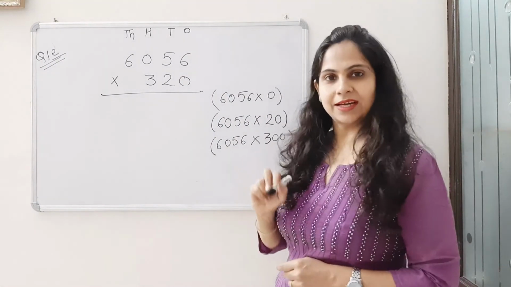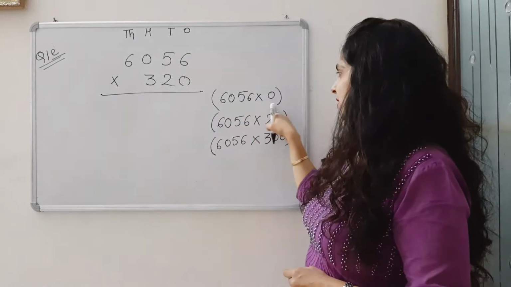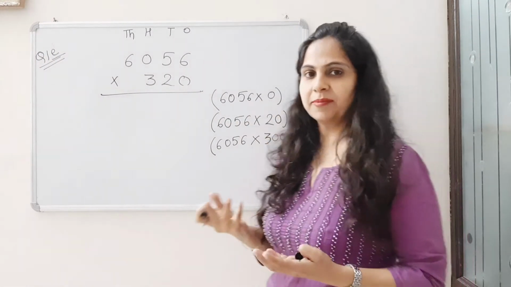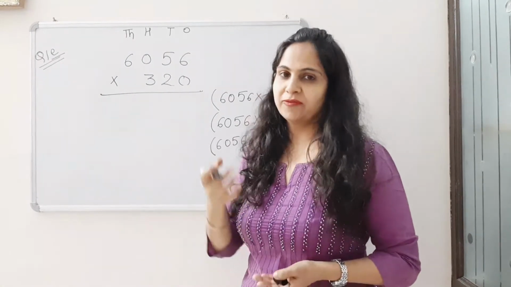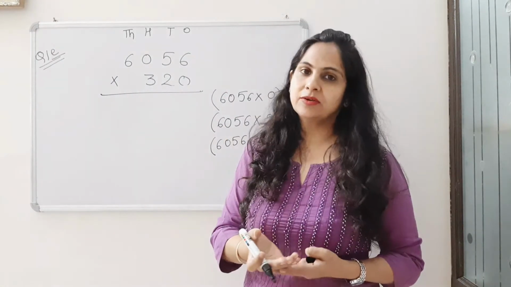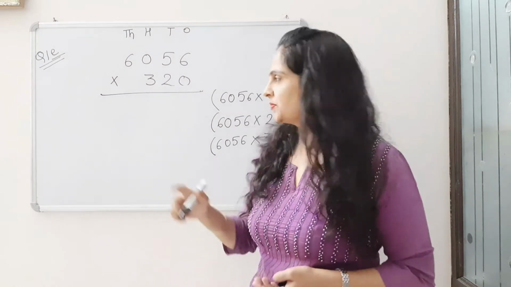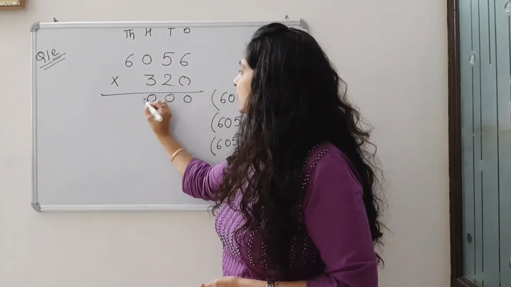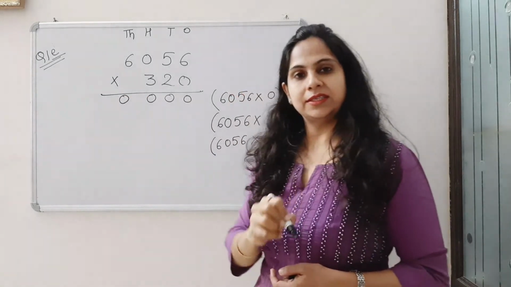Fine. Now let's start multiplying. In the first step we will multiply 6056 by 0, and this is the 0 property. When we multiply any number by 0, then the answer will be 0. So let's write 0 everywhere in this step.